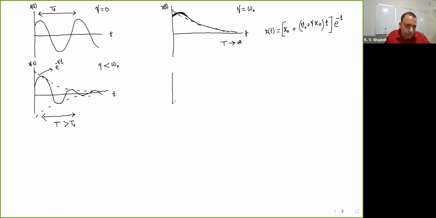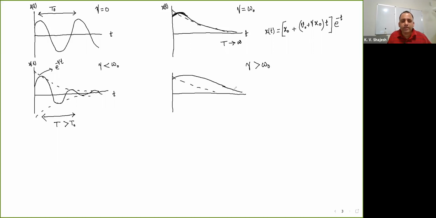And if you further increase your damping coefficient, if you go greater than omega naught, then you still have this decay, but now it will take a lot longer time to decay, right?